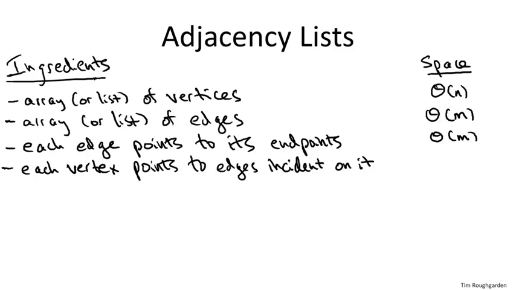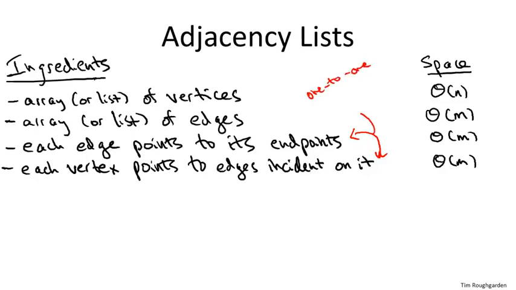Actually, if you think about it, for each pointer in the fourth category, a vertex pointing to a given edge, there's a pointer in the third category pointing in the opposite direction from that edge back to that vertex. So there's actually a one-to-one correspondence between pointers in the third category and pointers in the fourth category. Since the third category has space theta of m, so do all of the pointers in the fourth category.